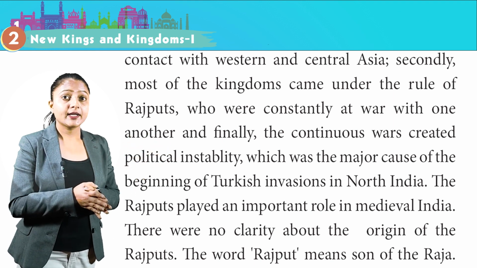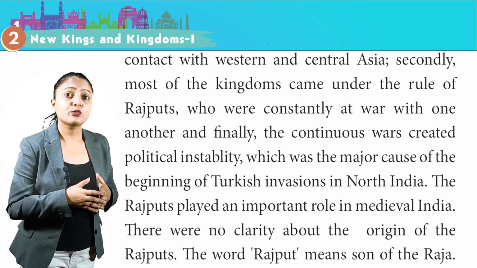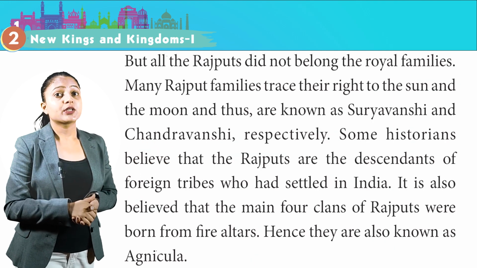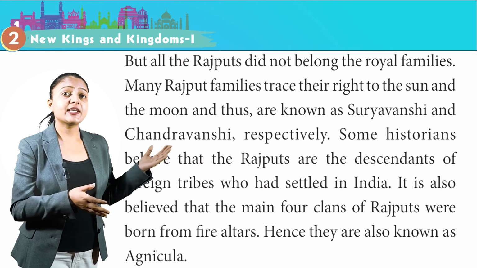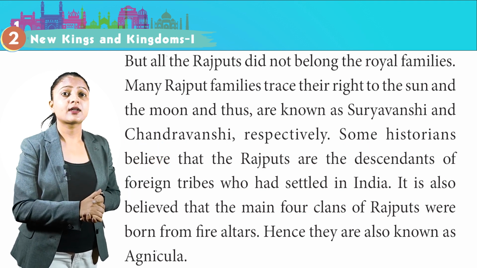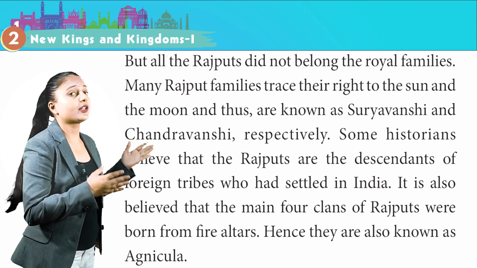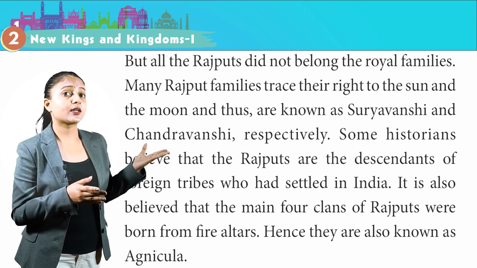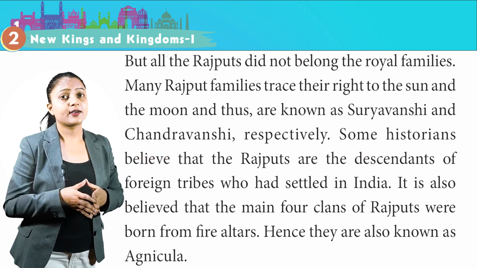There was no clarity about the origins of the Rajputs. The word Rajput means son of the Raja, but all the Rajputs did not belong to the royal families. Many Rajput families trace their right to the sun and moon and thus are known as Suryavanshi and Chandravanshi, respectively. Some historians believe that the Rajputs are the descendants of foreign tribes who had settled in India.